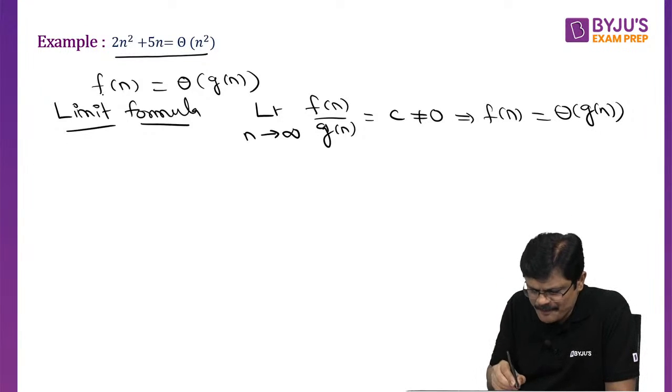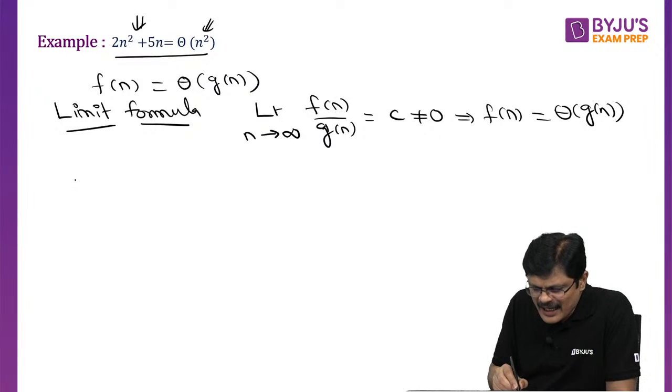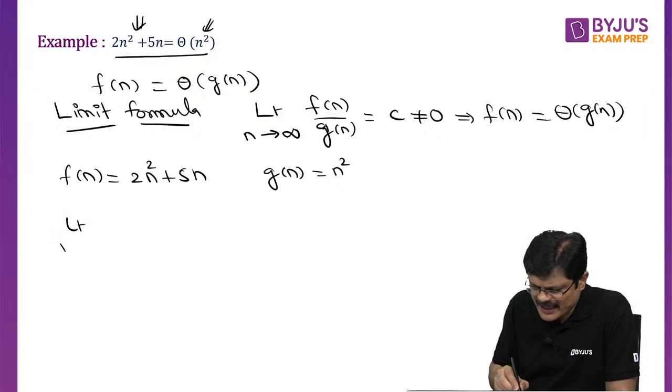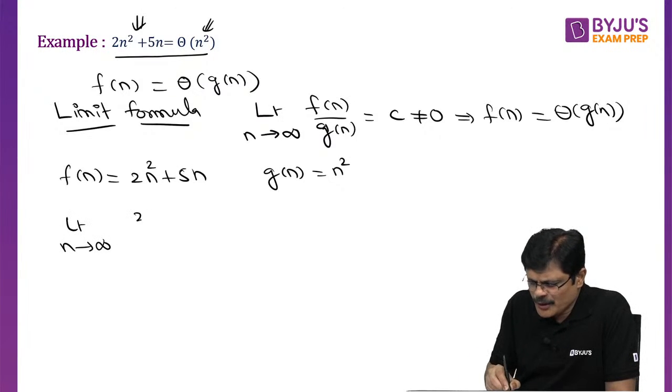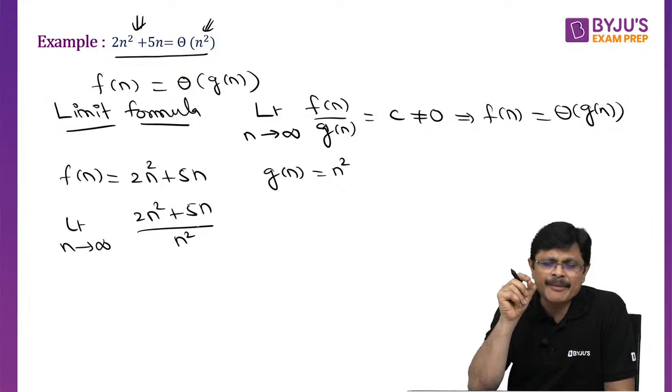So now this problem, you want to prove this f(n) is big theta of g(n). So f(n) is 2n square plus 5n. What is g(n)? n square. So take the limit as n approaches infinity of 2n square plus 5n divided by n square. Now please remember this small trick.